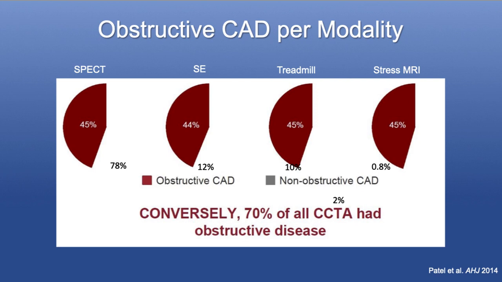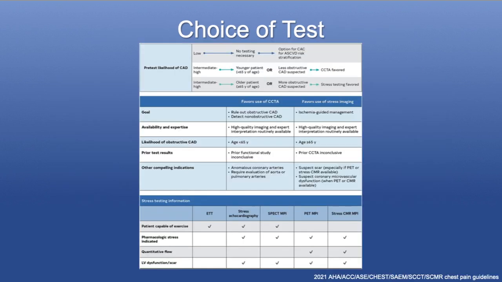When we do all these different modalities that are more used, we can see in the black percentages, the percentages that are used in the US of these modalities. And CT is only at 2%, but it's increasing as we know the capabilities of the test, and some more that I will show with spectral. Still a long way to go on the use of cardiac CT in the US.